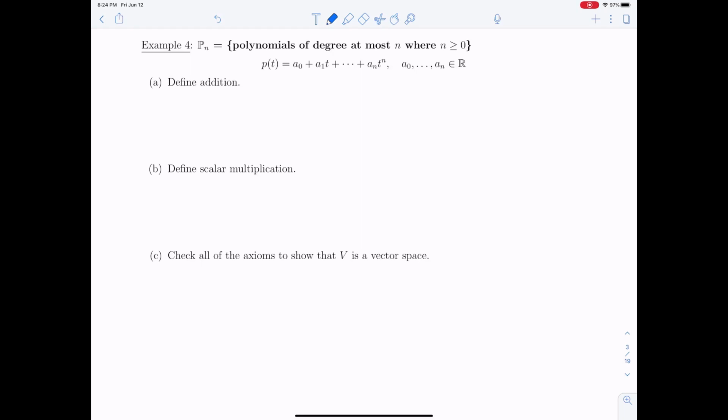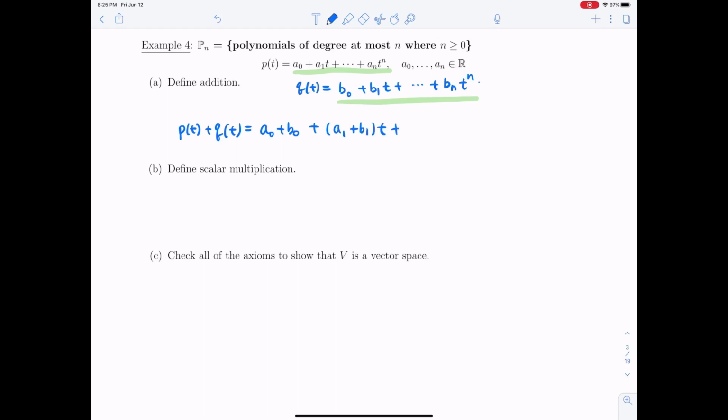That is, if you take two different elements, say P of t and Q of t, where Q of t is given by b sub 0 plus b sub 1 t plus so on until b sub n t to the n, then we can add P of t and Q of t by adding the function values of the given polynomials. That gives you a sub 0 plus b sub 0, plus a sub 1 plus b sub 1 times t, and so on until a sub n plus b sub n times t to the n.